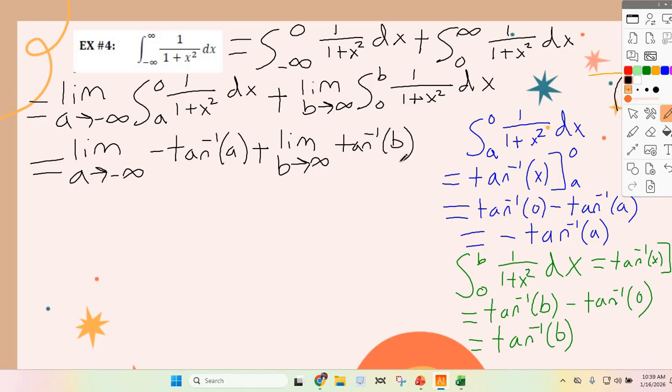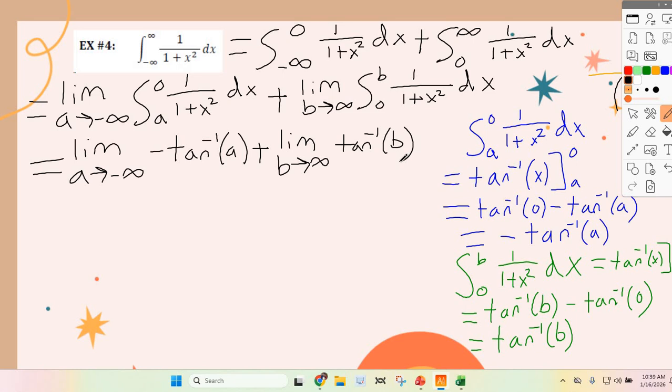Now we do have to be a little bit careful here, because remember that with tangent inverse you kind of have to think about it going backwards, right? Because I'm plugging stuff into there. And normally when we think about limits, we think that we're looking for our y values, as x is doing something.